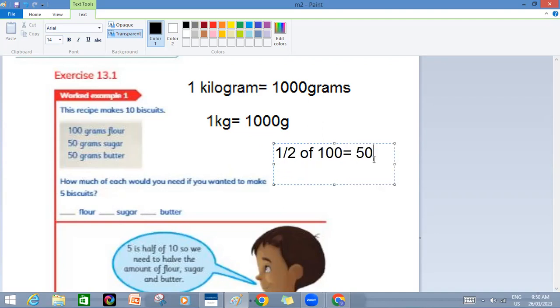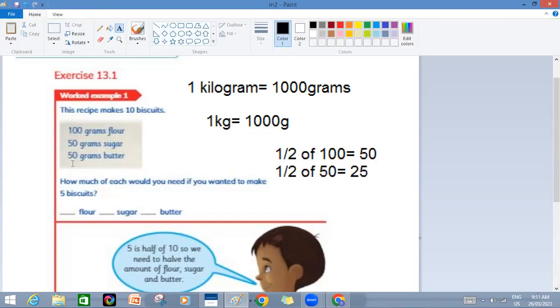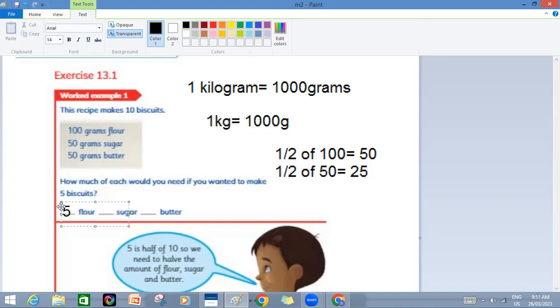Half of 100 equals 50, and half of 50 equals 25. So how much of each would you need if you want to make 5 biscuits? Flour: 100 grams, so half of 100 is 50.